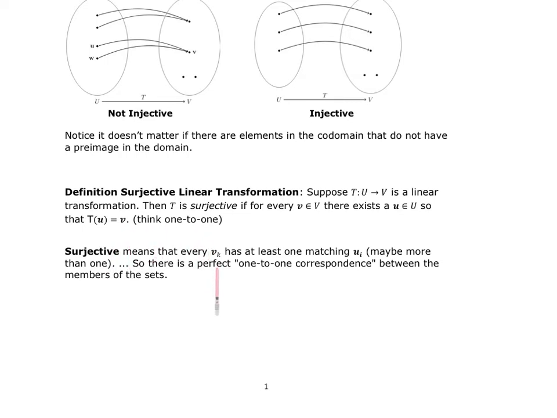We want to think of this as being onto. That means that every v has at least one, so it can have more than one, element mapped to it. For injective we can only have one. So every element v in our codomain has to be matched up to at least one, and could be more than one, element in our domain.